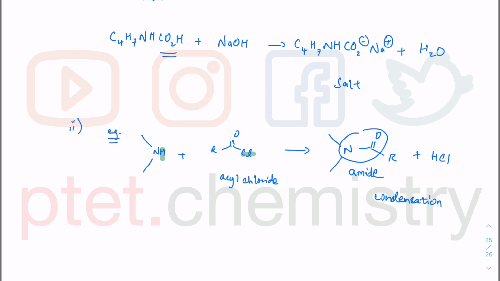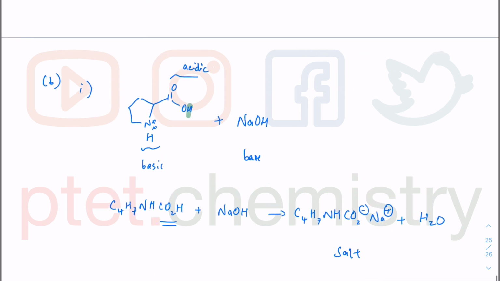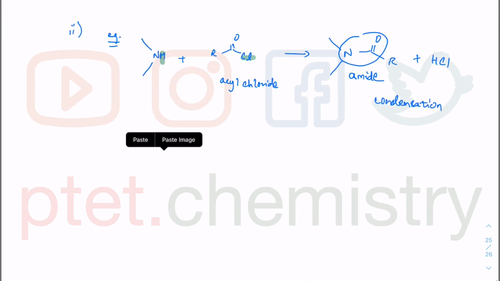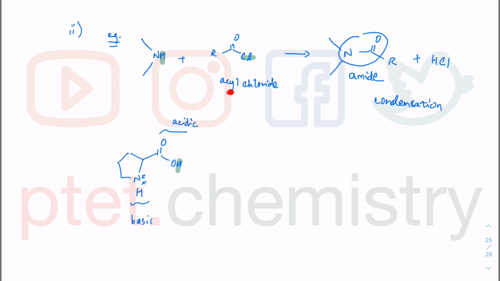So in the question, the product of reaction 2, if I have my proline, for example, let me just copy it. So this is what we want. Previously was about acid and base reaction. When you react with acyl chloride, it's not an acid-base reaction. Instead, it's a condensation reaction. So we don't care so much about acid or base properties anymore.